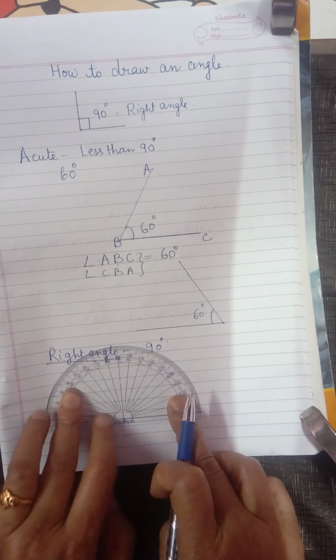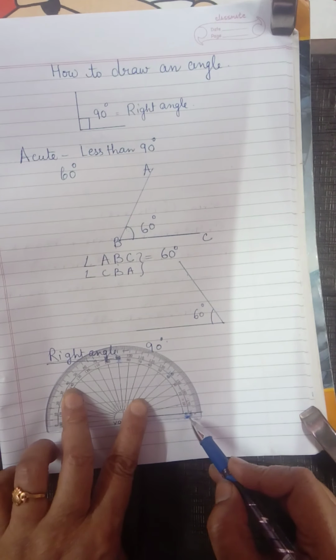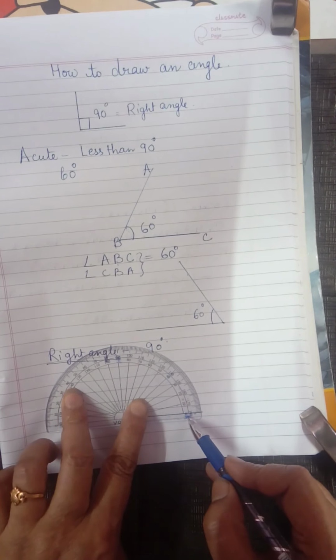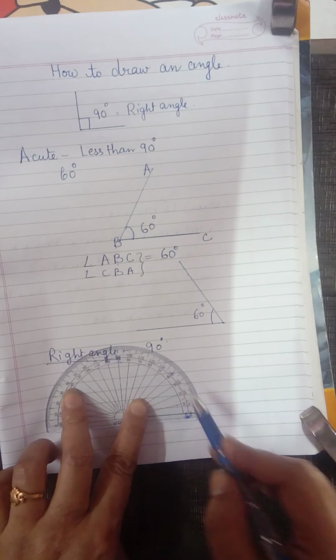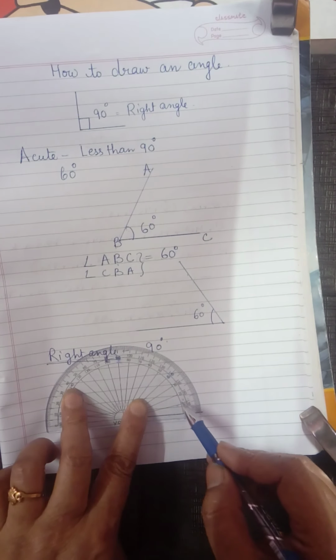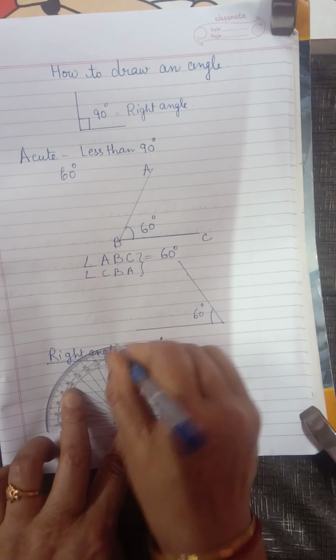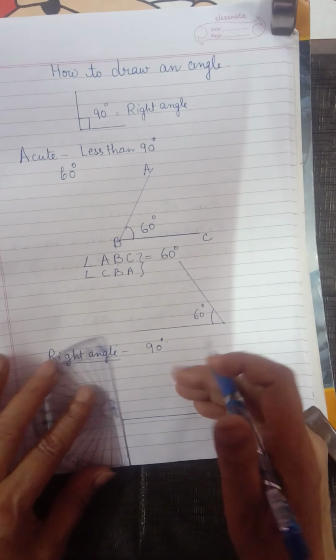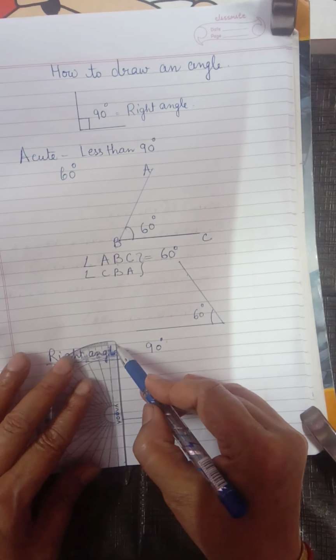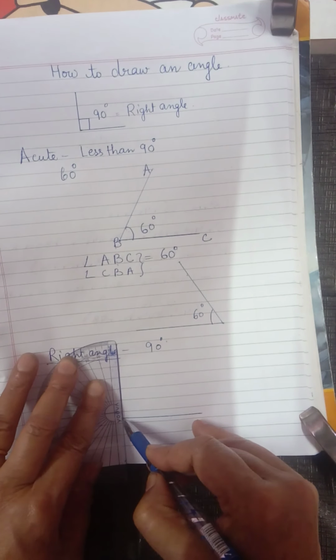After placing your protractor correctly, you just start from your right side and take the inner numbers of the protractor, because 0 starts from the inner side only. So 0, 10, 20 and this is 90. Put a dot and then join this dot with the line.